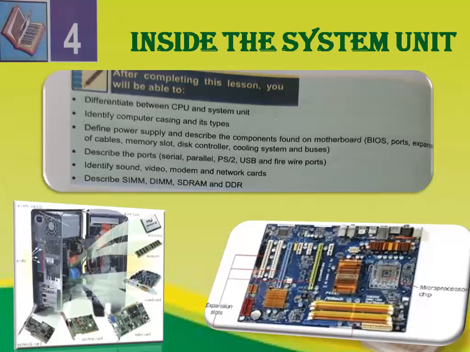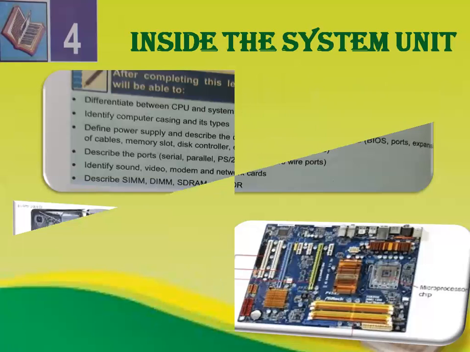Describe the ports: serial, parallel, PS2, USB, and firewire ports. Then identify sound, video, modem, and network cards. It will describe SIMM, DIMM, SDRAM, and DDRAM. So after completing this chapter, inshallah, you will understand all these topics.